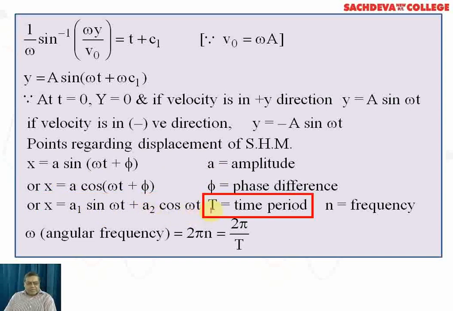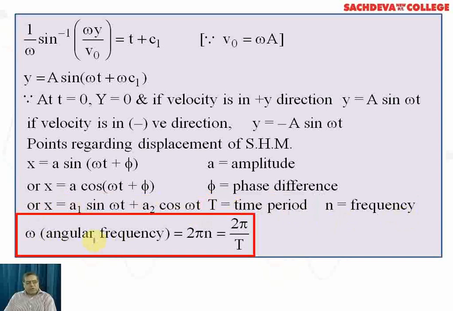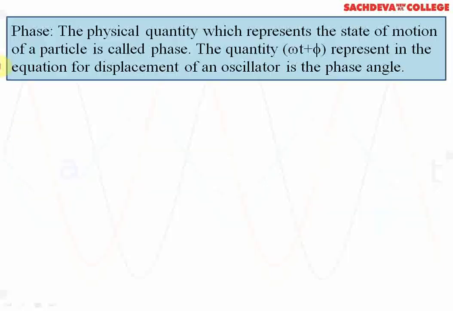Now capital T stands for time period and n stands for frequency. So wherever we write omega, that is normally written as 2 pi n. So omega, the angular frequency, is 2 pi n, but n is 1 over T, so the net function will become 2 pi n or 2 pi by T. Now we come to the definition of phase, which I have just explained earlier, either in terms of lagging or position.